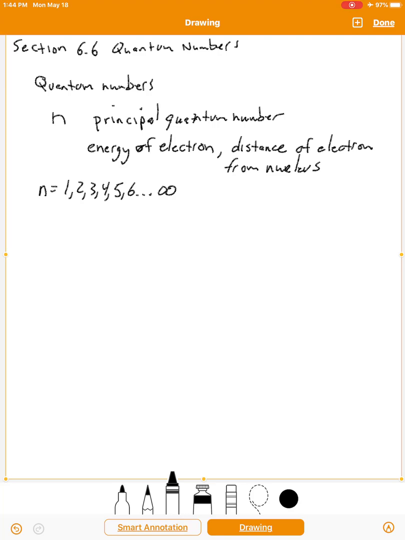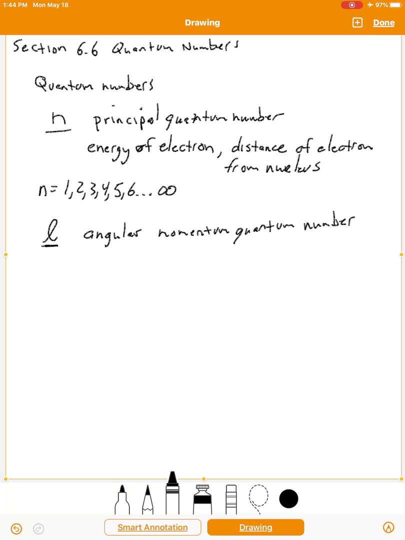Okay, so there's our first quantum number n. The second one, the symbol for this is an L. Just so we don't confuse it with a 1, I'll use a cursive L. This is called the angular momentum quantum number. And the angular momentum quantum number describes the amount of angular momentum.